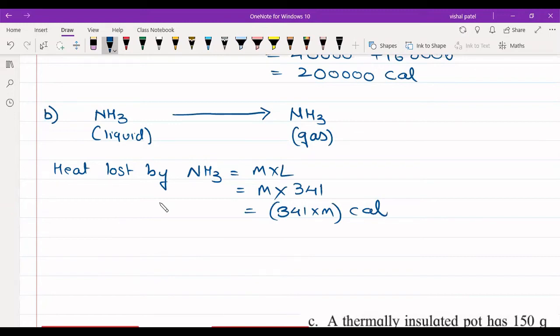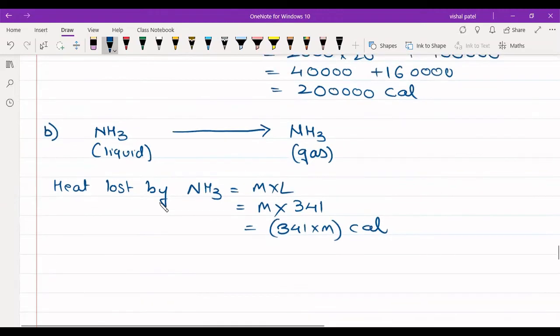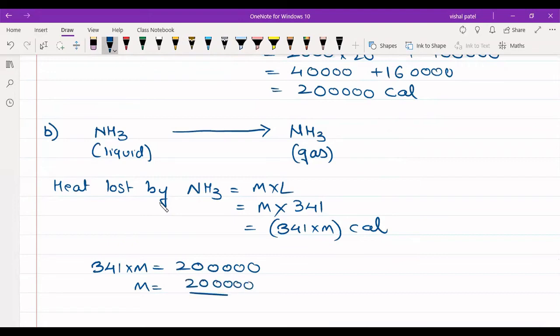Okay, now students, same thing. If you see here, this is the heat gained by the water from ammonia. So see what I'm doing. 341 into M equal to 220 and 4 zeros upon 341.